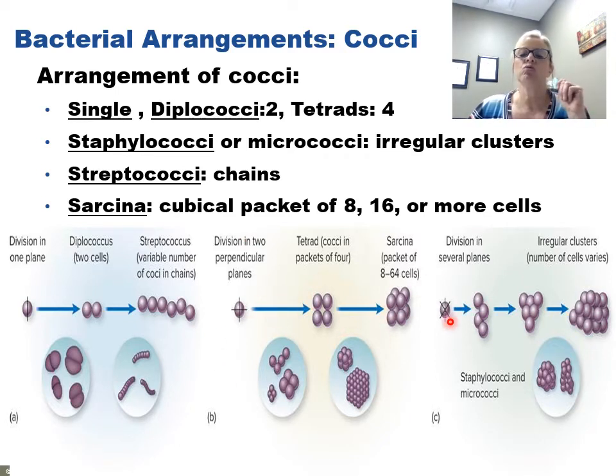And then we have some unusual arrangements here, the sarcina, and all but the clusters. Here you can have the staph-like cluster, which is this here, which is kind of like a cluster of grapes. So that's what staph means, okay? And then we have micrococci, which is going to be big wads or irregular clusters, okay? So cocci have a lot of different ways they can be arranged.